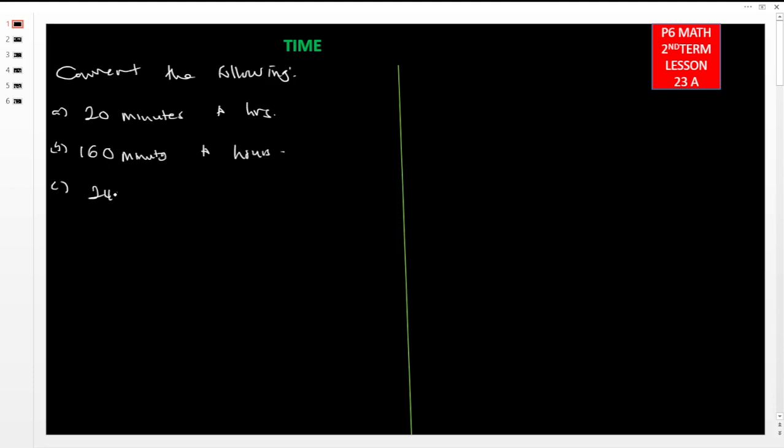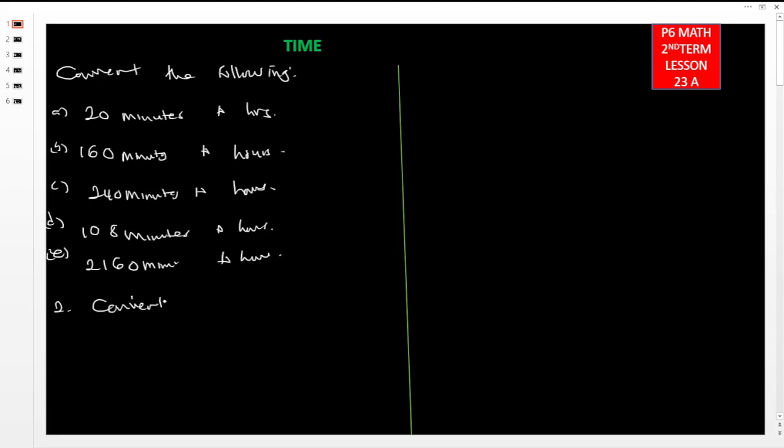C, 240 minutes to hours still. D, 108 minutes to hours. Then E, 200 minutes to hours.